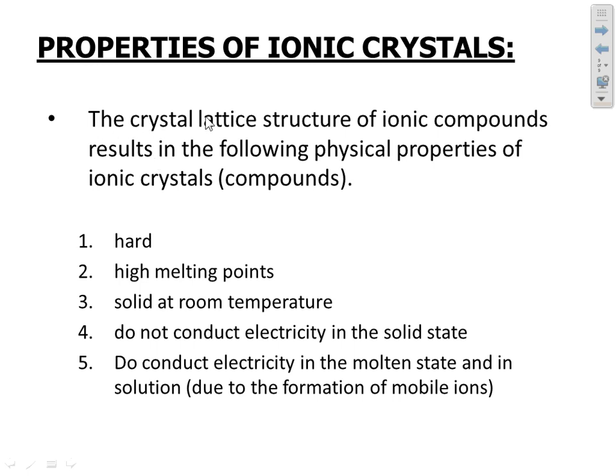The crystal lattice structure of an ionic compound results in the following physical properties of ionic crystals. Because of this repeating structure, and again, you don't have to draw this. You've already got this. Na+, Cl-, Na+, Cl-, and Cl-, Na+, Cl-, Na+. What is created here is like a scaffolding.